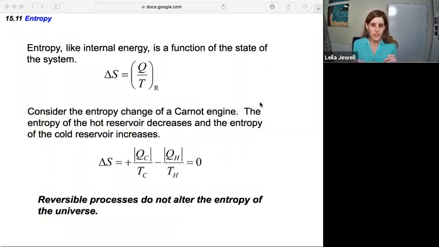Now, if we consider the entropy change of a Carnot engine, the entropy of the hot reservoir decreases, and the entropy of the cold reservoir increases. The hot reservoir is giving up some of its heat, so it loses entropy, versus the cold reservoir taking in more heat, which increases the disorder. That's a gain in entropy. So a useful thing to note in this general equation for entropy is that the Q is going to have a sign.